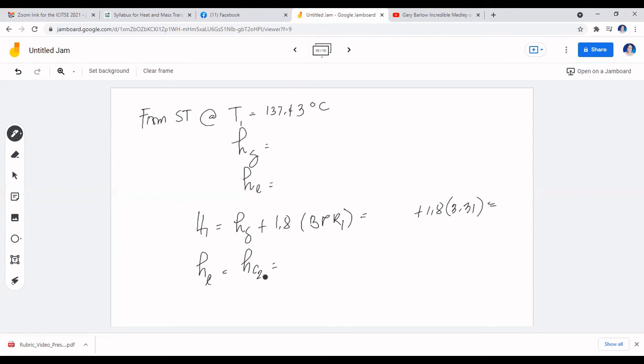Now, for your HC2, this will be the spent vapor or the condensate once the energy of the vapor coming from effect 1 was already used in heating the solution in effect number 2. So your HL here will be your HC2 when you do your energy balance.